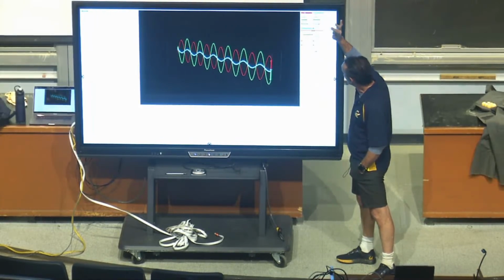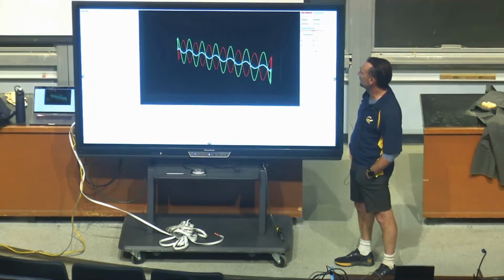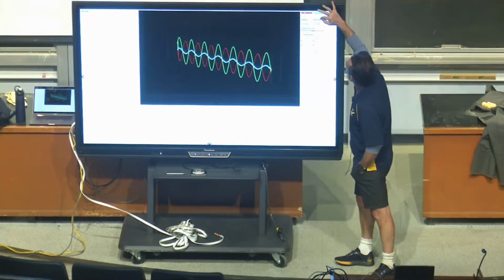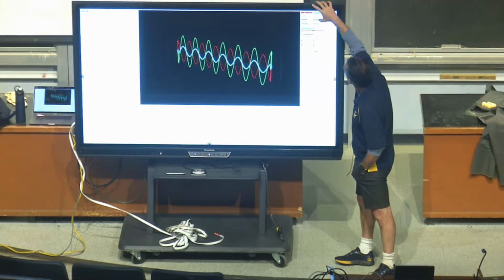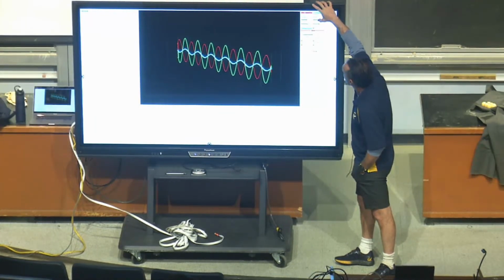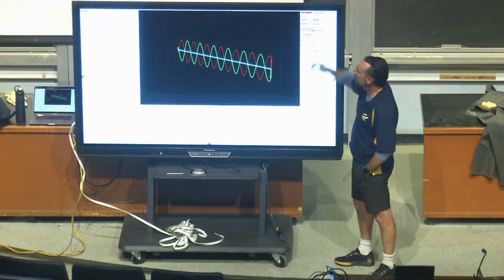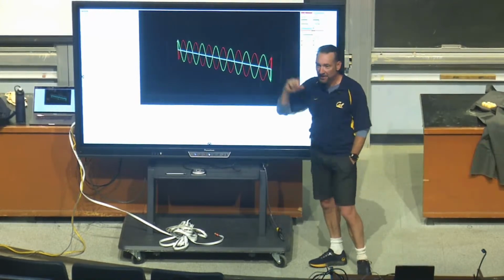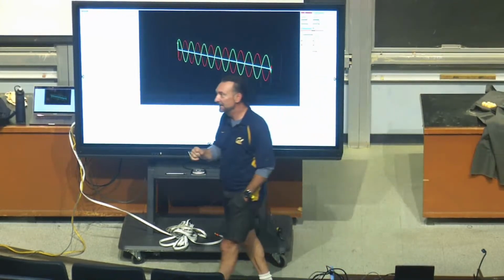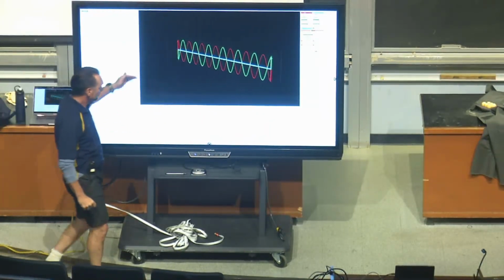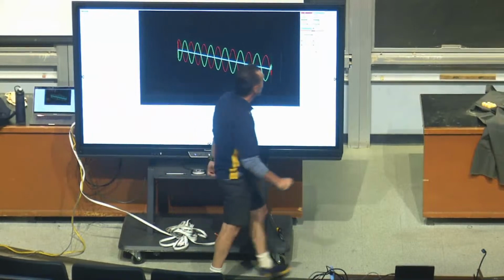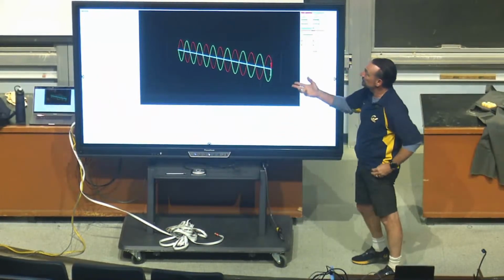And if I go to perfectly destructive interference, I have to make them the same amplitude. Then I can get rid of the sum wave altogether. So you can completely eliminate the energy and the amplitude in the wave by summing them together.